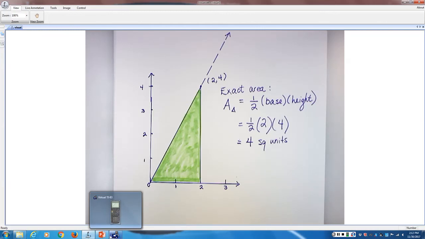Now we could talk about approximating all day long. There's 2 or 3 different ways we could approximate it.